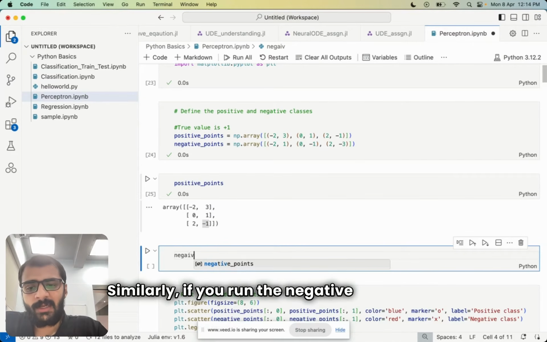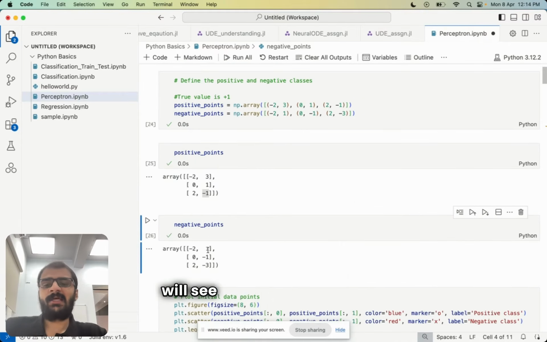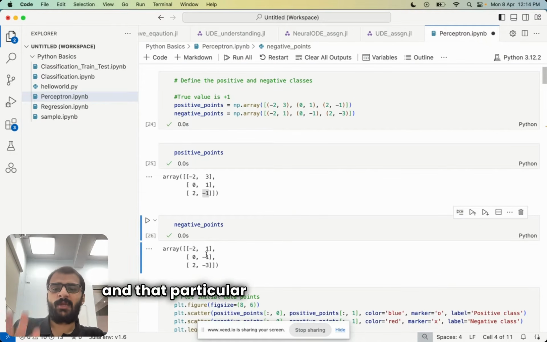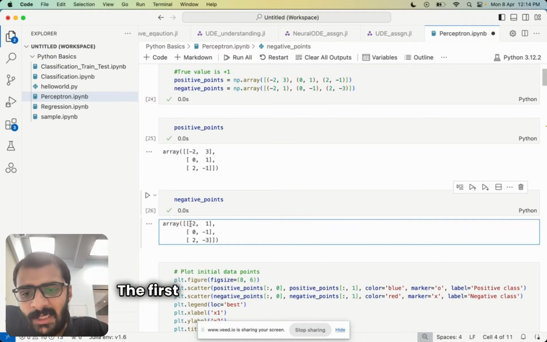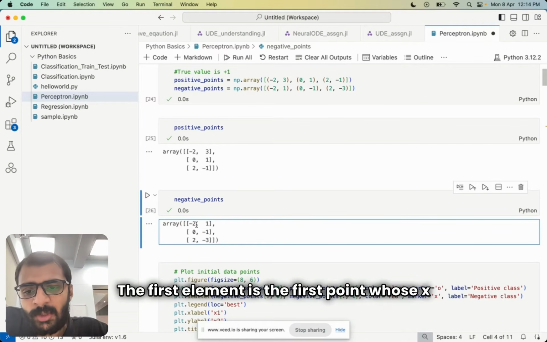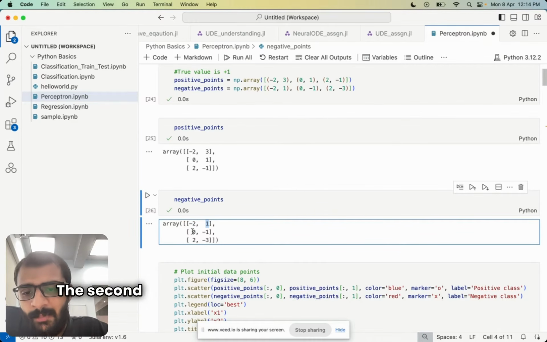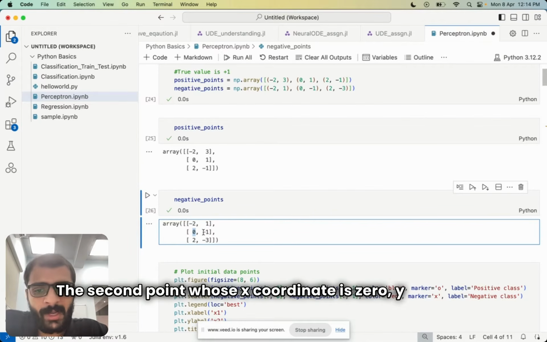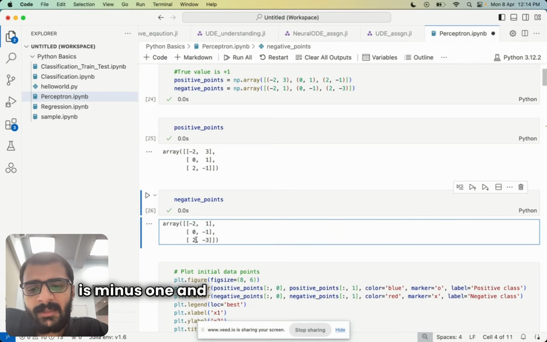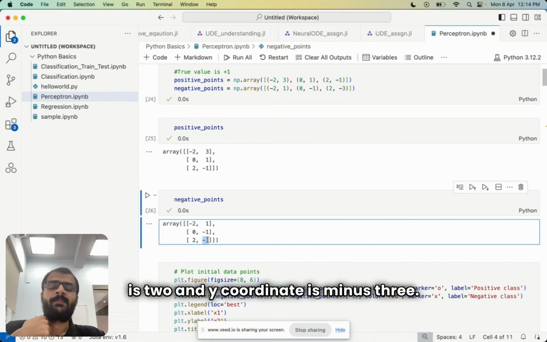Similarly, if you run the negative points, you will see that it is also an array, and that particular array has three elements. The first element is the first point whose x coordinate is -2, y coordinate is 1. The second point whose x coordinate is 0, y coordinate is -1, and the third point whose x coordinate is 2 and y coordinate is -3.